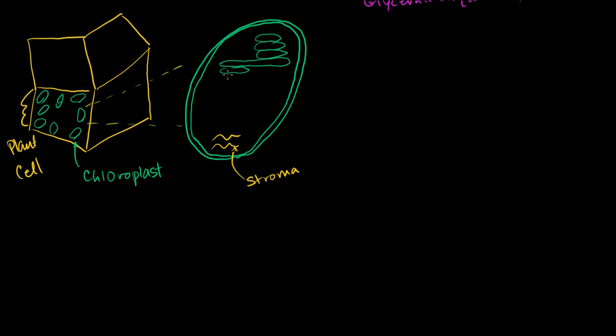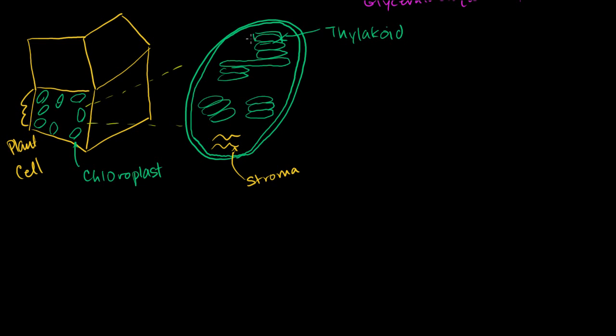Let me draw a couple more. Maybe you have some over here, maybe some over here. Each of these flattish-looking pancakes right here, these are called thylakoids. So this right here is a thylakoid. That is a thylakoid. That's a thylakoid.